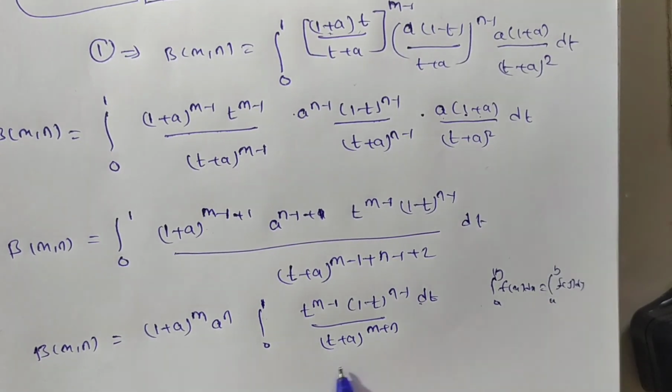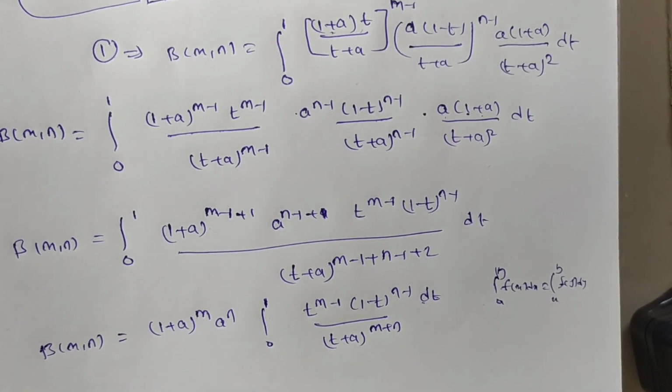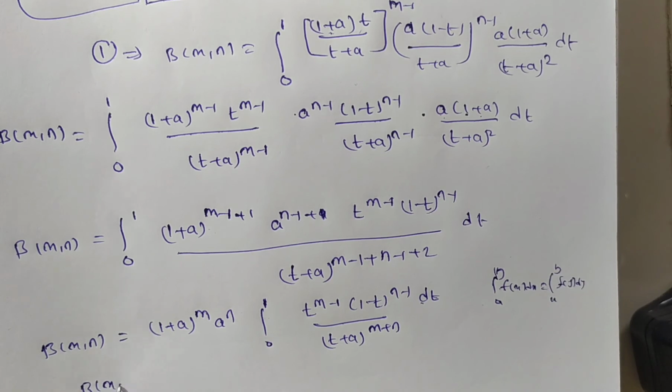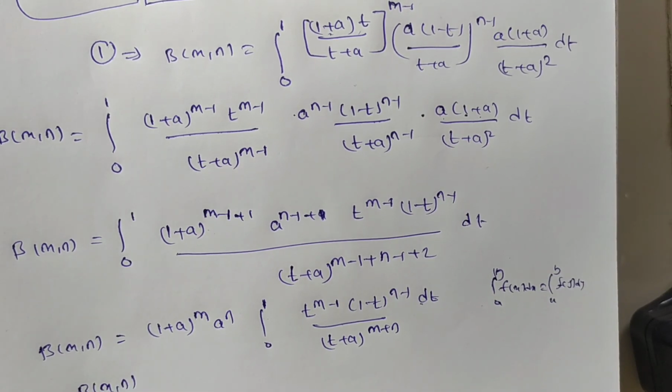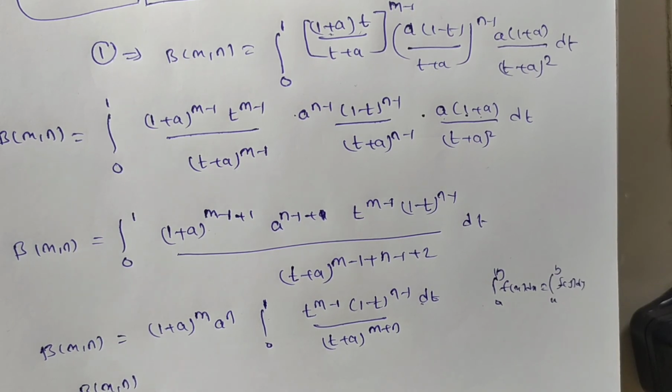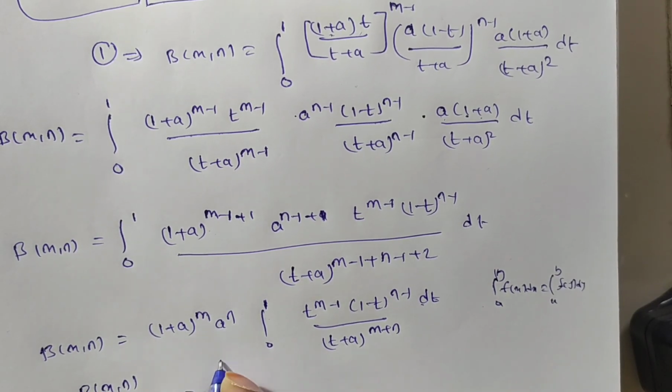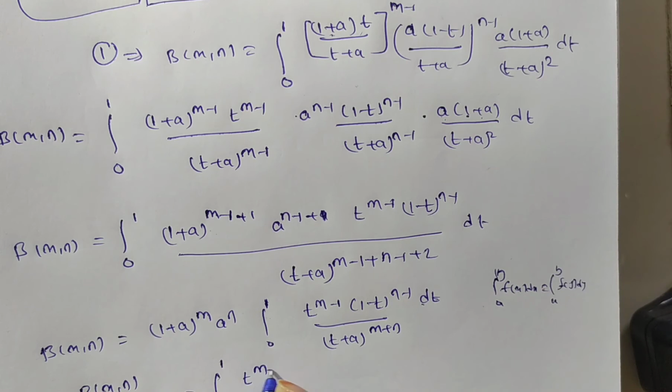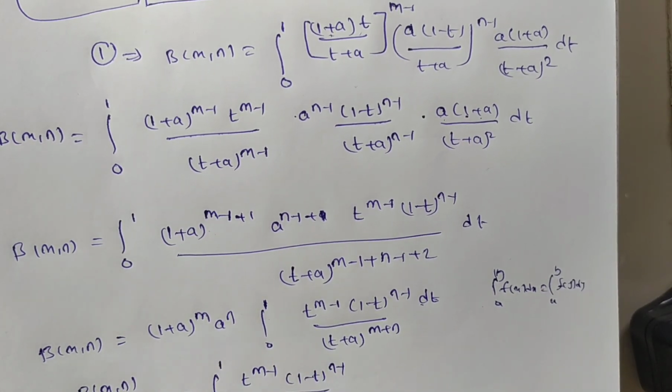Now the remaining part you take to the left side, then you will have beta of m comma n upon (1 plus a) power m into a to the power of n, value is equal to integral 0 to 1 t power m minus 1, (1 minus t) power n minus 1 divided by (t plus a) power m plus n into dt.